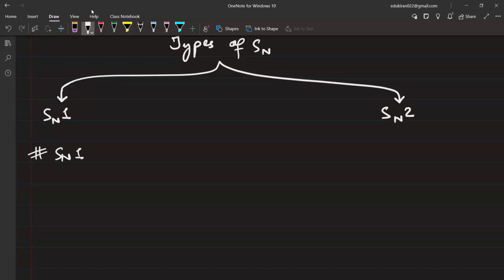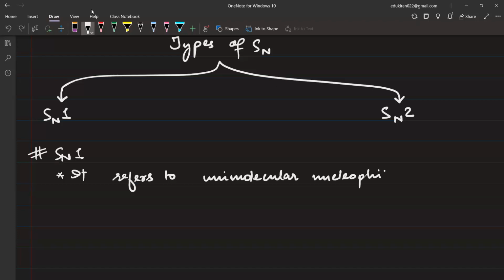Right here, SN1 refers to unimolecular nucleophilic substitution. So 1 is for unimolecular.